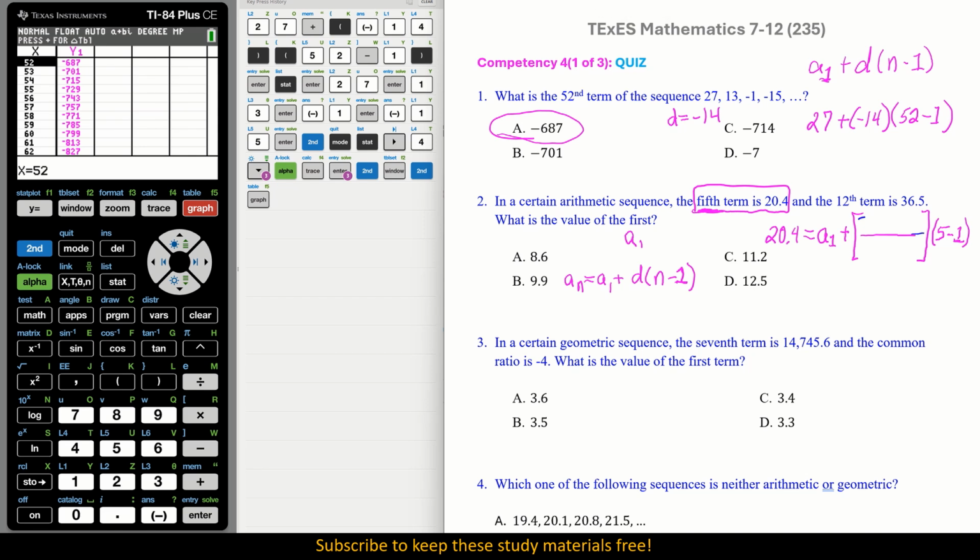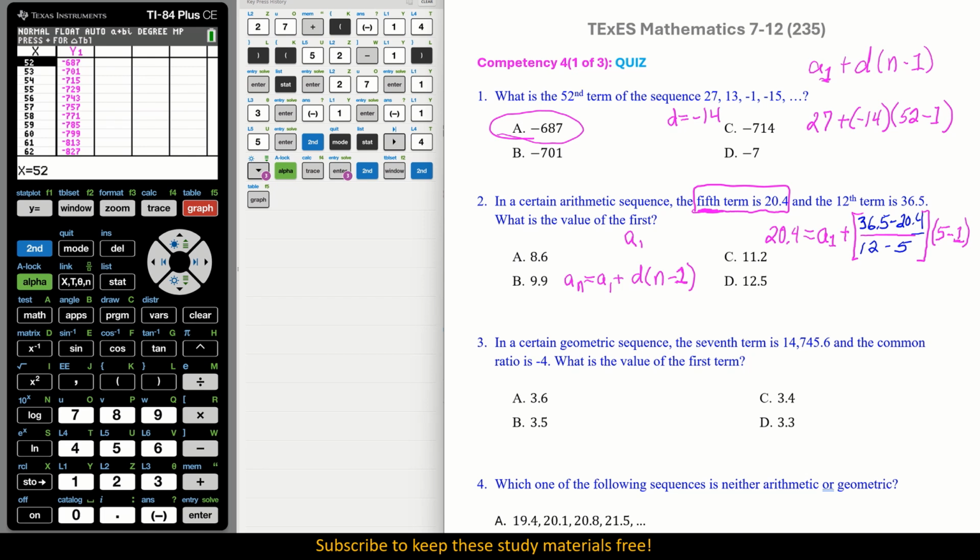So our y is our 36.5. That will be our answers. And then 20.4. Then let's go to our terms. Our nth would be our x, however you want to see it. That will be 12 minus 5.